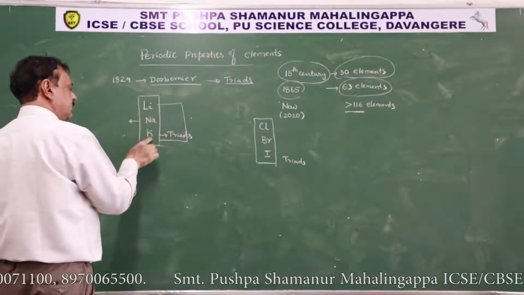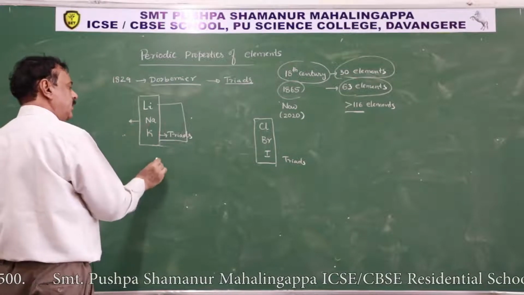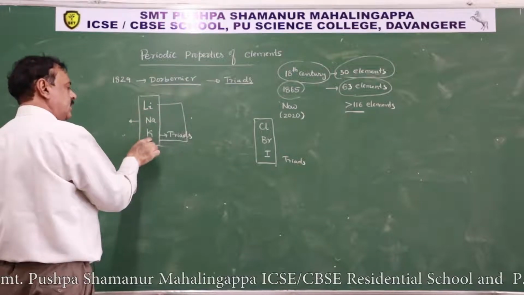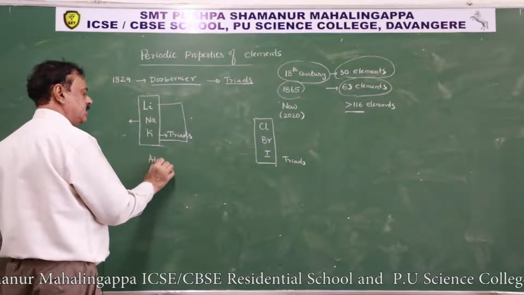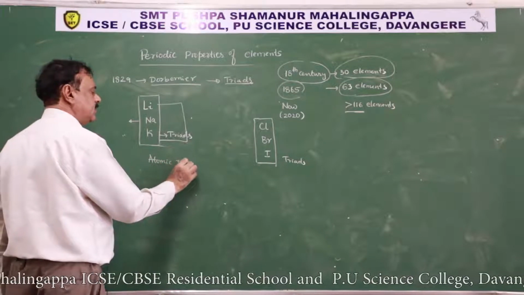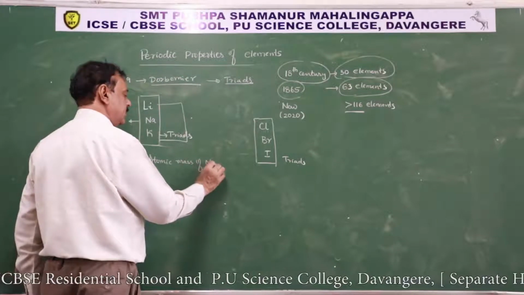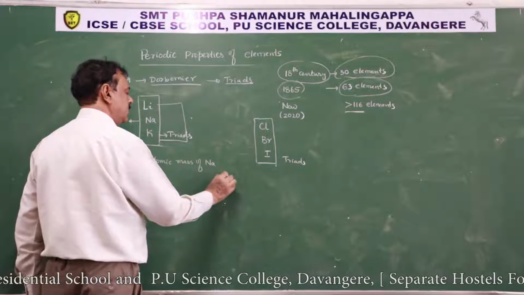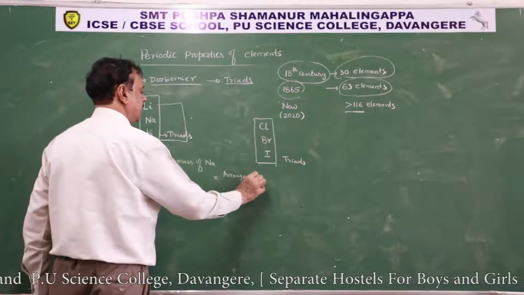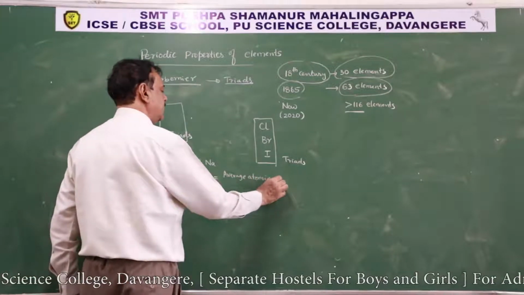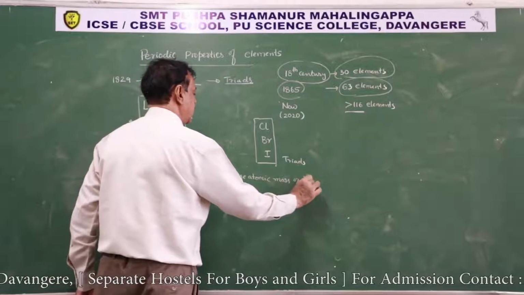Now suppose the atomic mass of sodium is the average atomic mass of lithium and potassium.